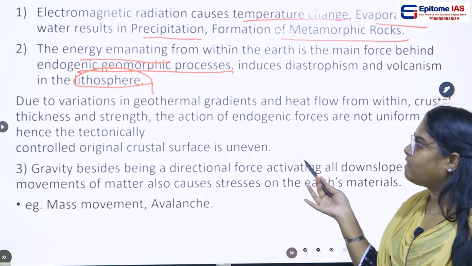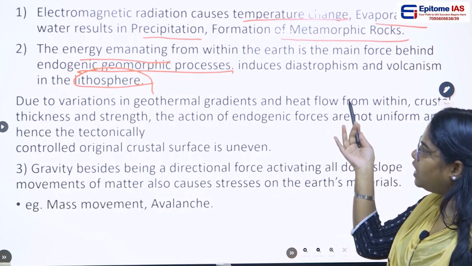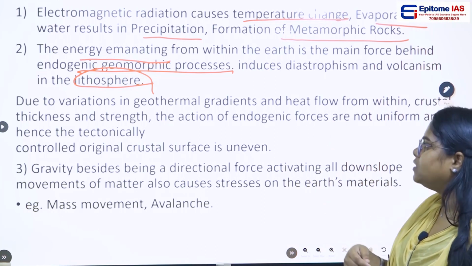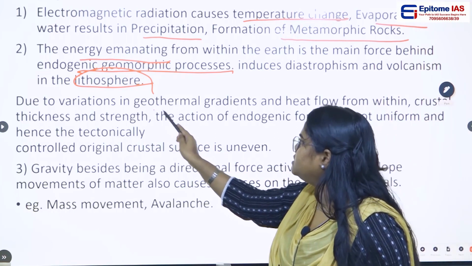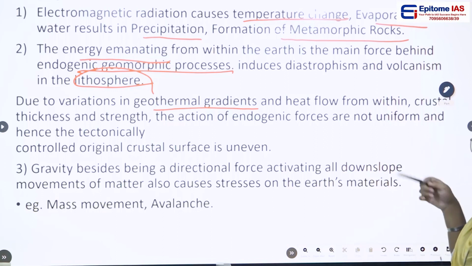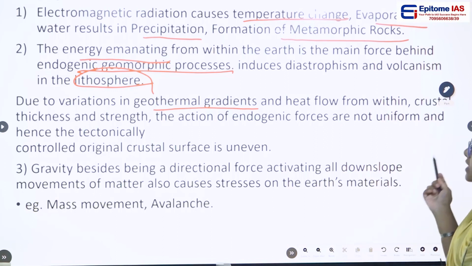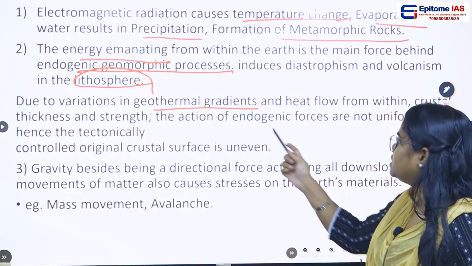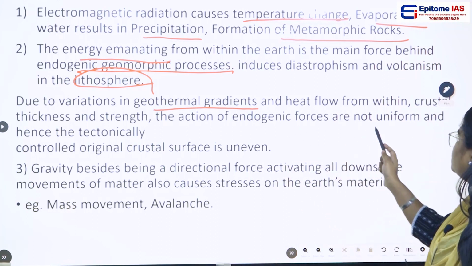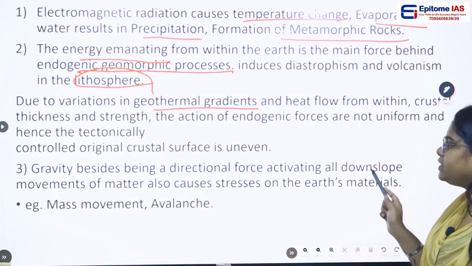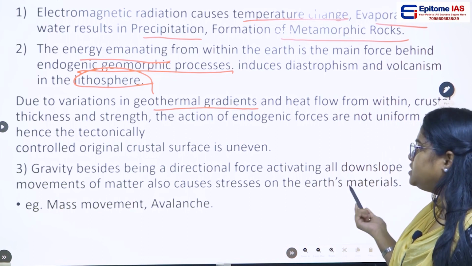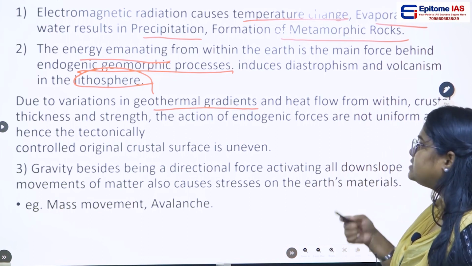Due to the variation in the geothermal gradient and heat flow from within, the crust thickness and strength, the action of endogenic forces are not uniform and hence tectonically controlled. The original crustal surface is uneven.